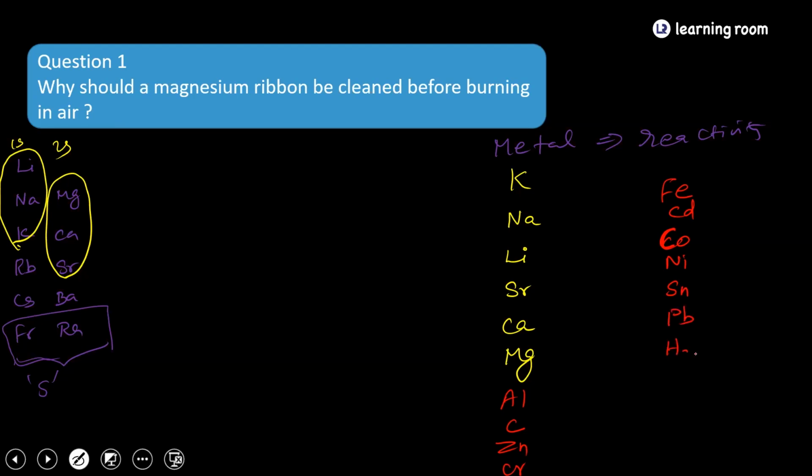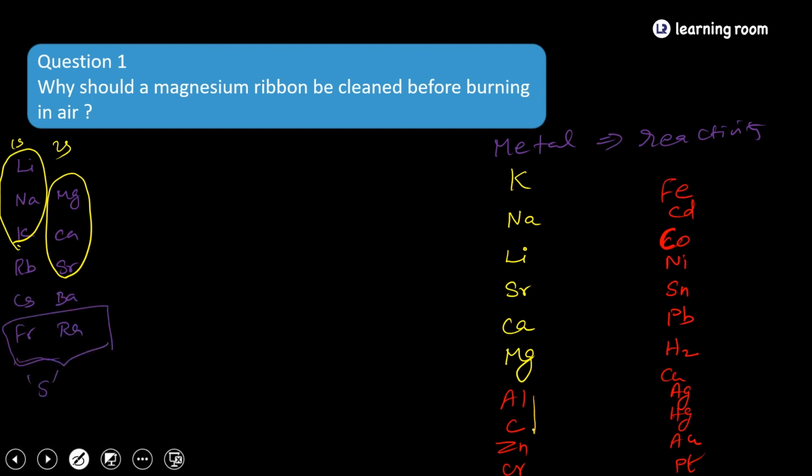They are compared with the hydrogen molecule, and then copper, silver, mercury, gold and platinum. This is the order.